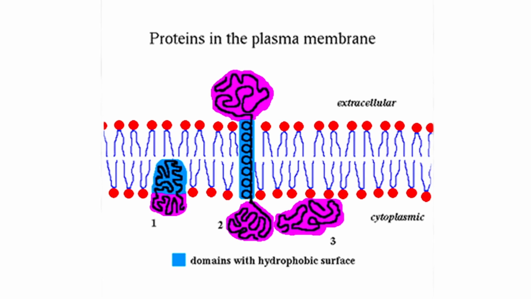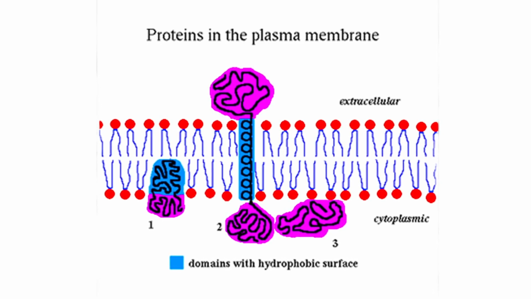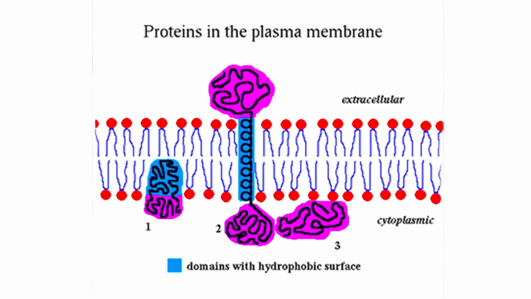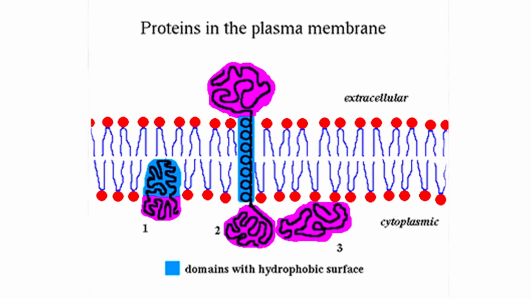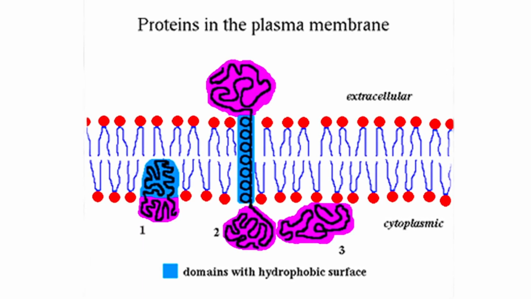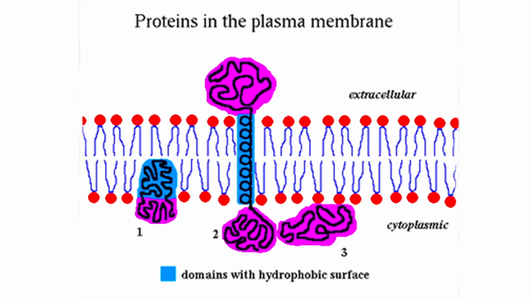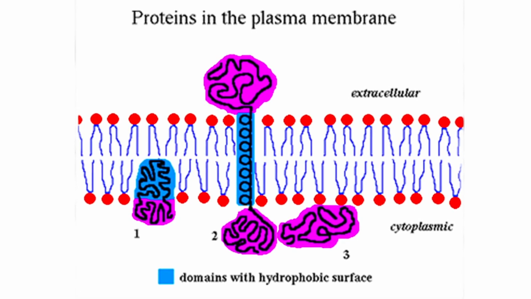Some are attached to the cell membrane by a fatty acid covalently attached to one of the protein's amino acids. Others are attached by stretches of hydrophobic amino acids on the protein surface.